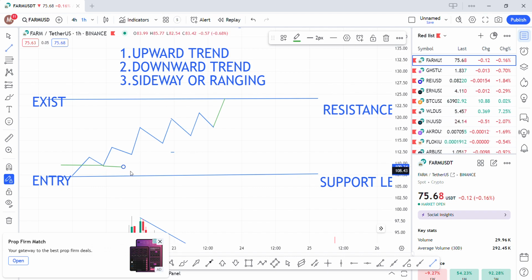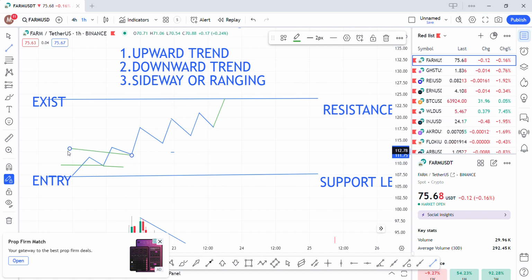This is a support level. This is another resistance level. However, this is our main resistance level. But while the candle was forming, it was forming another support and resistance level. The same way goes to this point as well. It forms another support level.